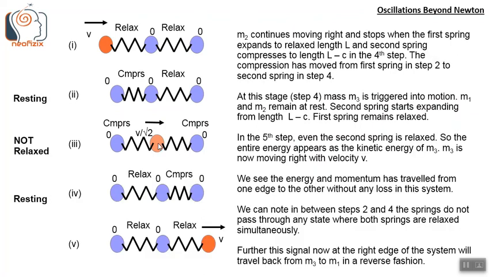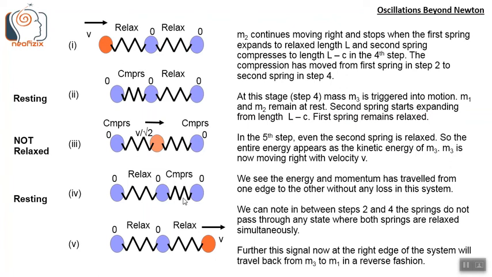M2 continues moving right, and stops when the first spring expands to the relaxed length, and the second spring compresses to length L minus C in the fourth step. So now the compression has moved from the first spring to the second spring.